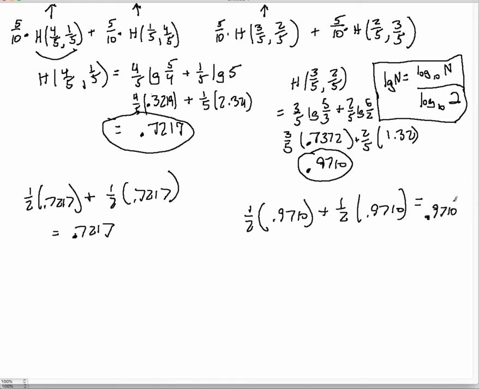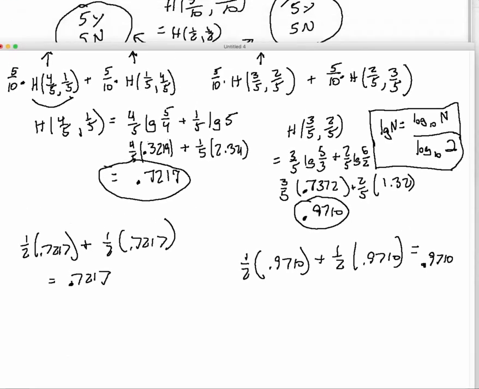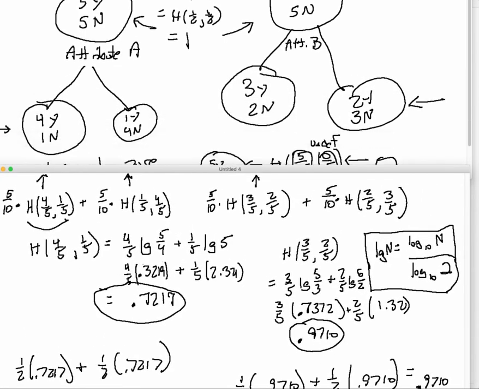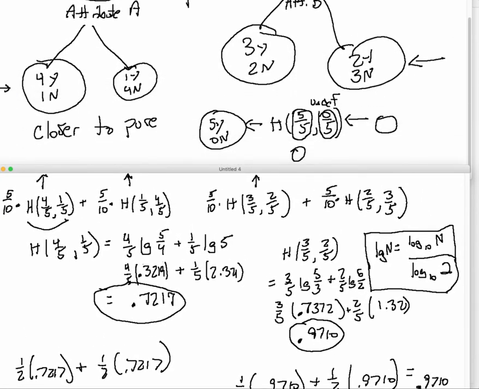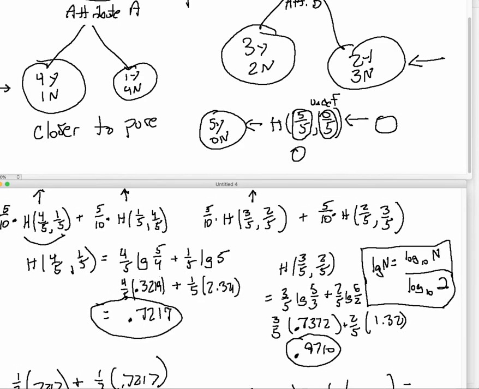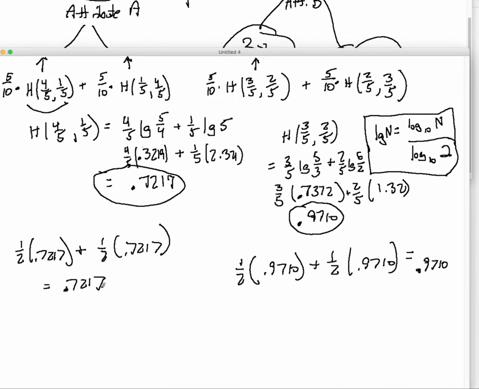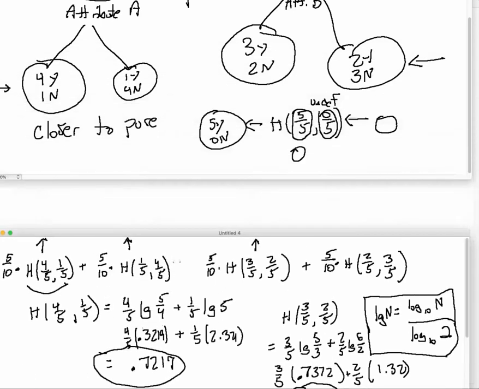So what we're saying here is the following. I wish I could combine these screens a little bit better. If you look at the left side, we had an entropy of 0.7217. On the right side, 0.9710. In other words, the entropy was less on the left than the right.